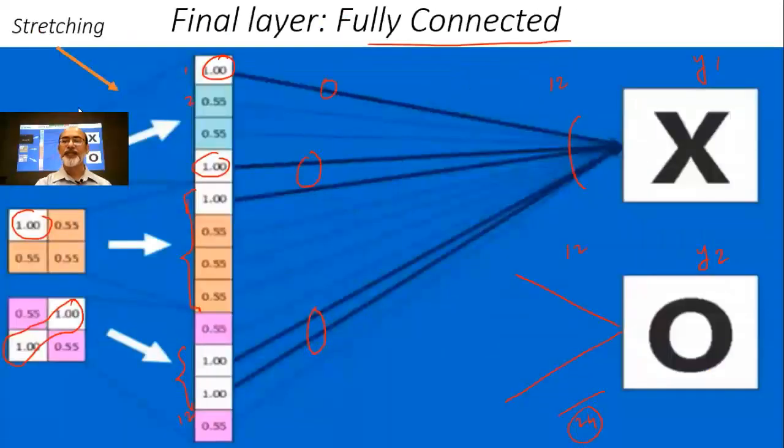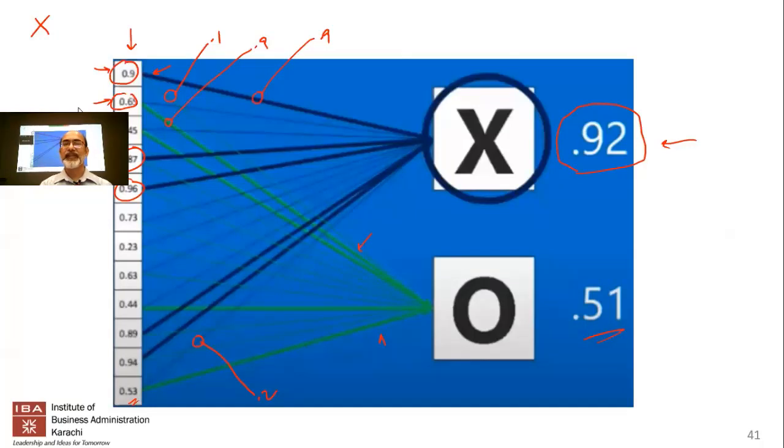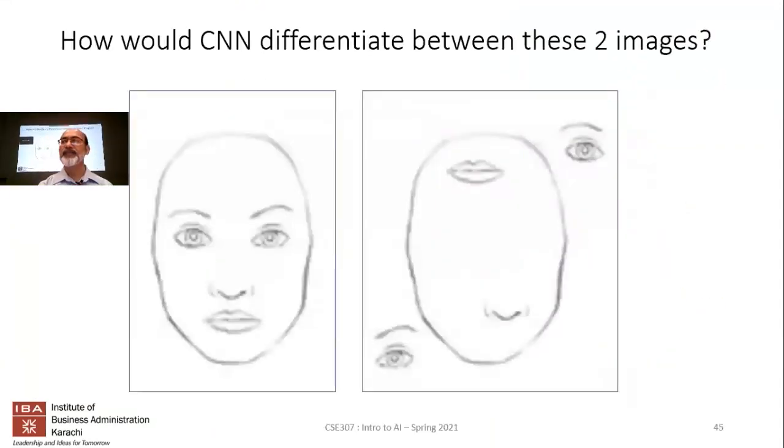Is it really looking at the sequence of these features? It's basically looking at whether a nose is present, or whether this might be associated with lips. But can it really differentiate between these two images, in a CNN?